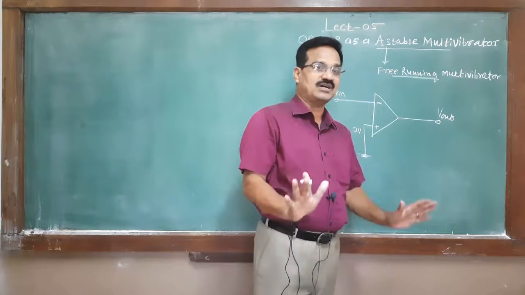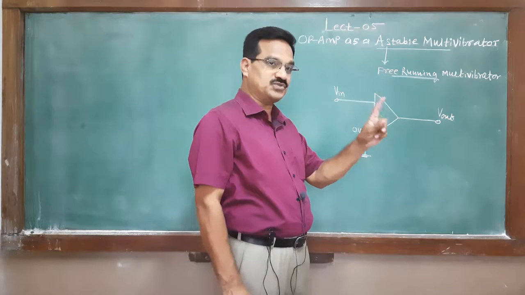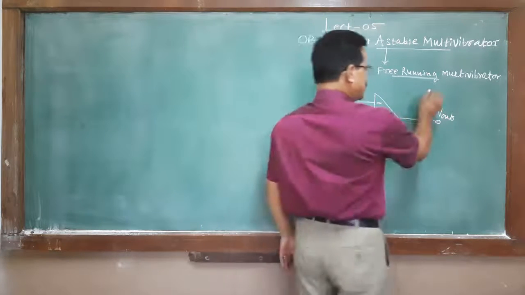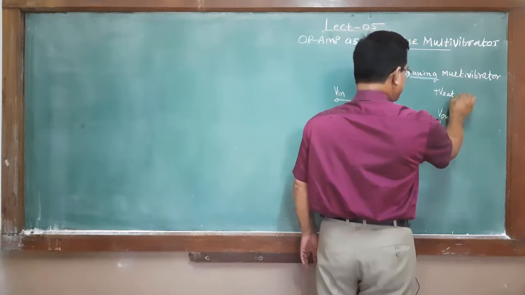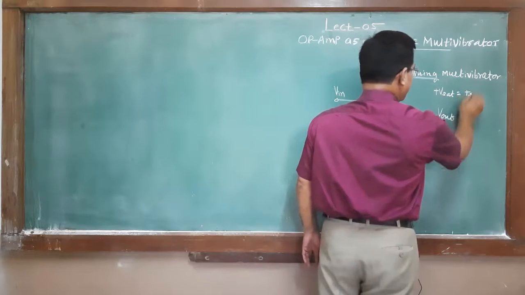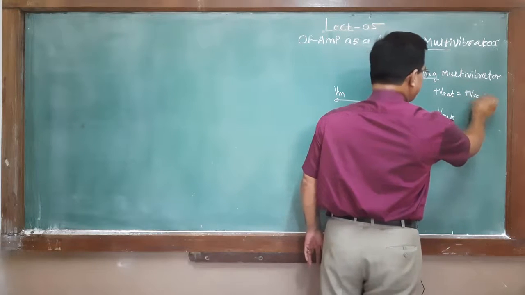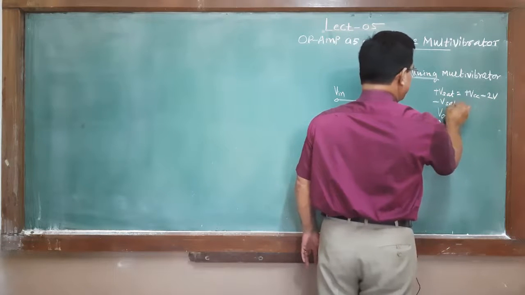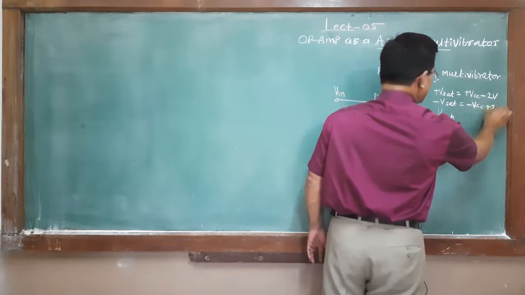This is actually the output of the comparator, either in positive saturation or in negative saturation. The positive saturation voltage, we call it V saturation, is equal to plus VCC minus 2 volt, and the negative saturation is equal to minus VCC plus 2 volt.